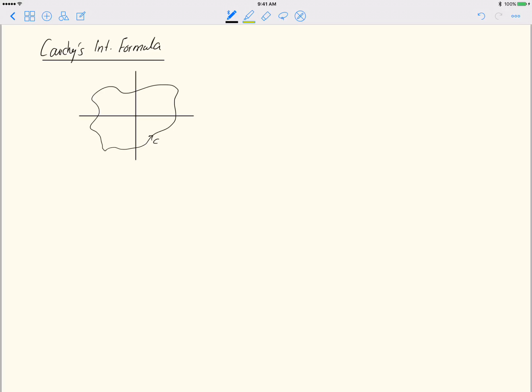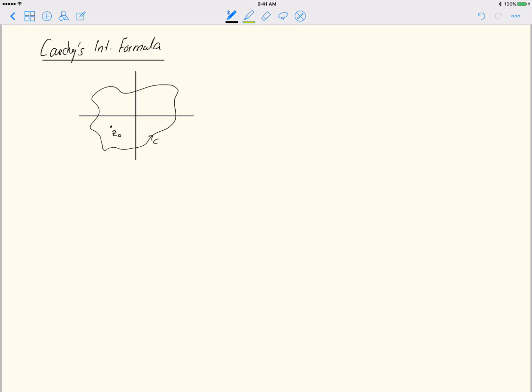That's very important. And let's say you have some point z0, which is interior to C. So it doesn't lie on the boundary, it's strictly inside C. So let's say somewhere here.